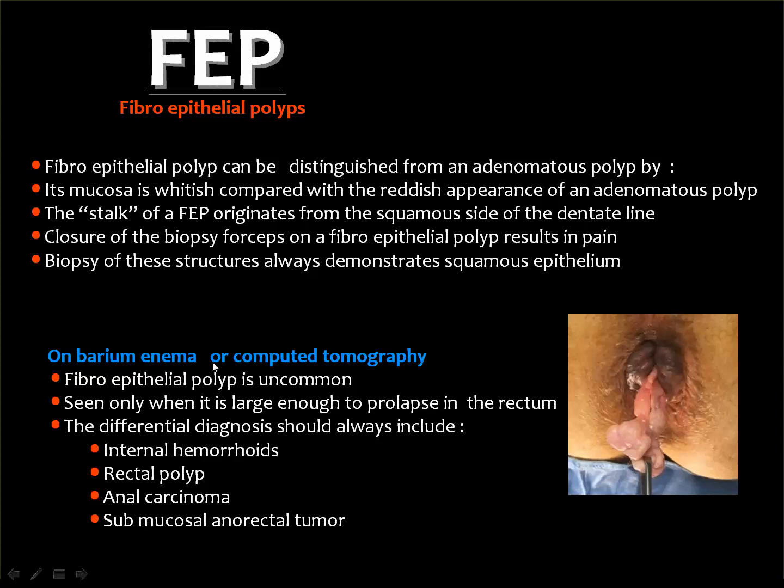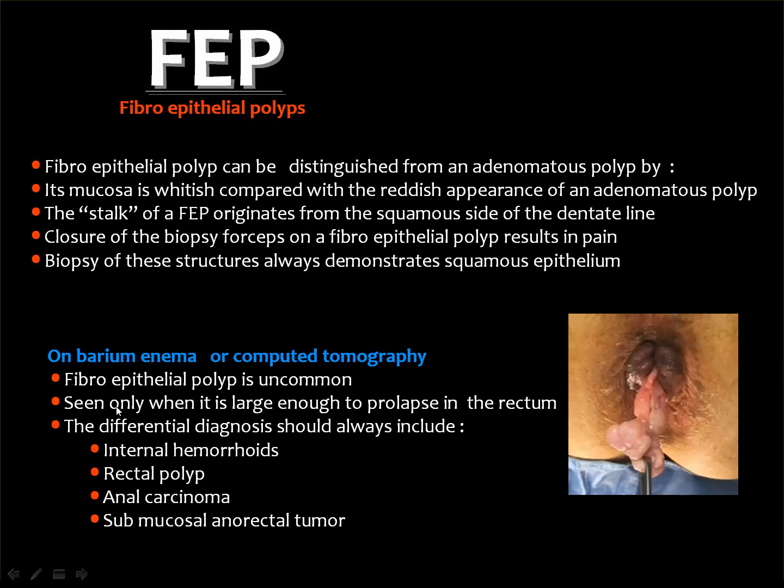If you have a barium study or CT, the possibility of detecting this polyp is uncommon. That's why the polyps are identified clinically, felt by the patient and visualized by the clinician.